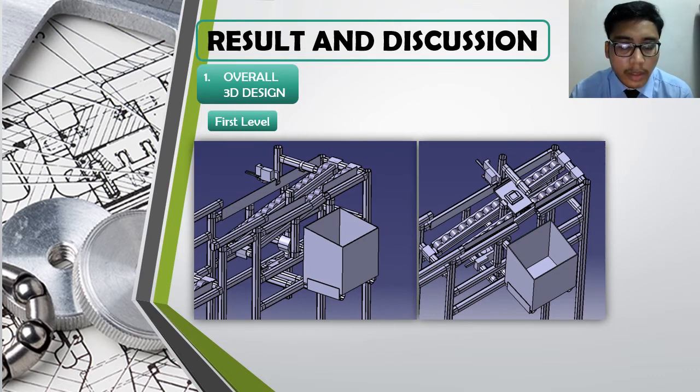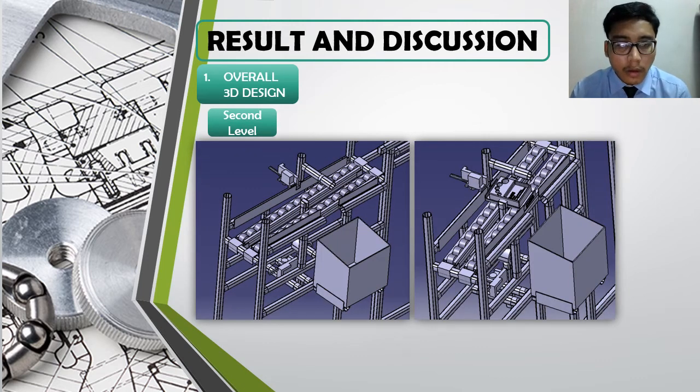And the stopper will be attached in the middle of the line, and the NG box design will be attached on the right side of the line to collect all the rejected products.